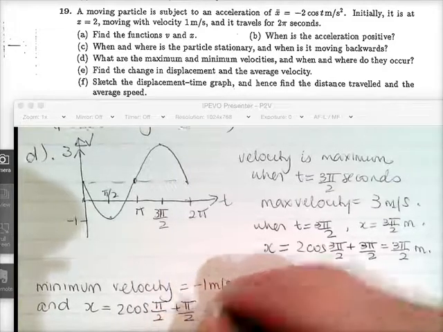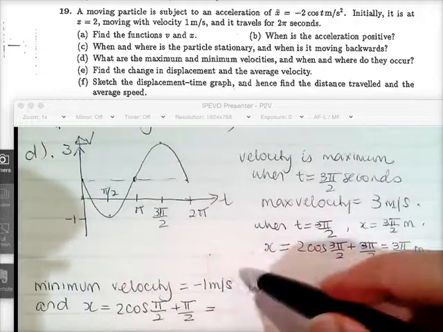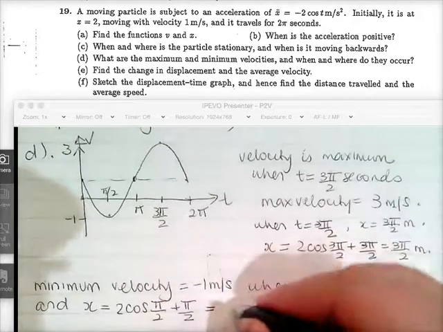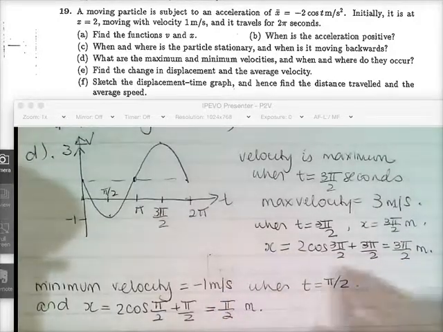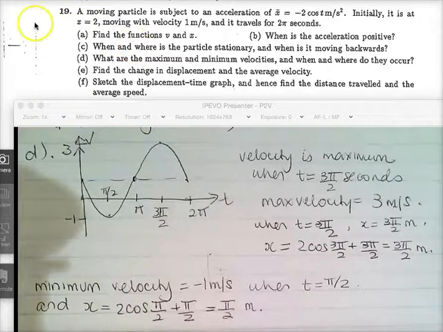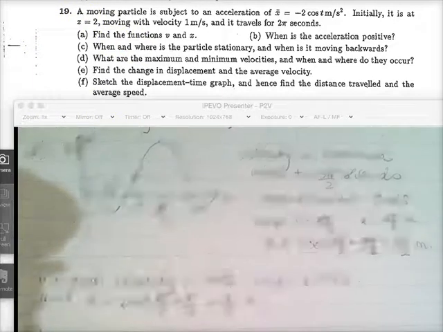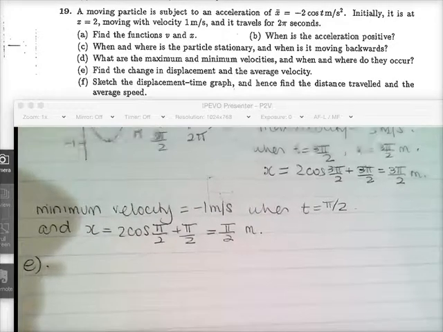So just substituting into the formula for x. Now cos pi on 2 is 0 as well, so x is pi on 2 meters as well. So it's -1 meter per second when t is pi on 2 and the position is pi on 2 meters as well.